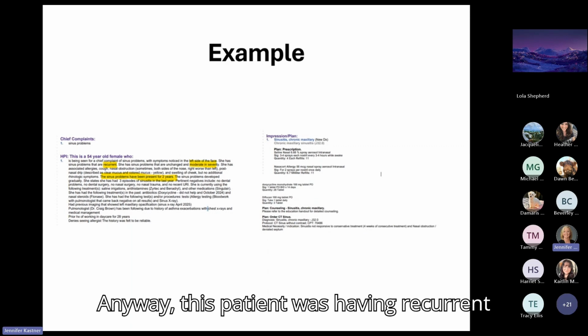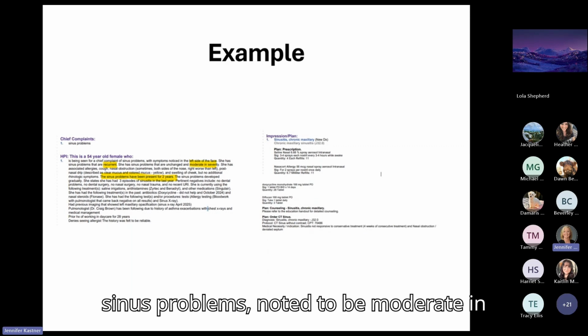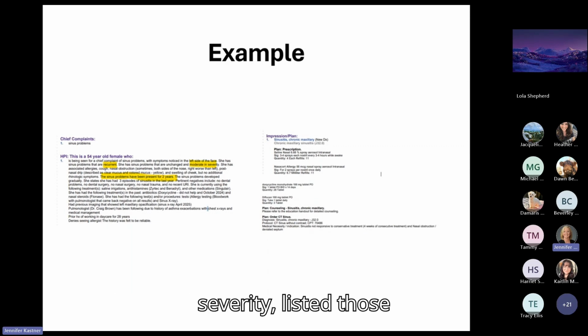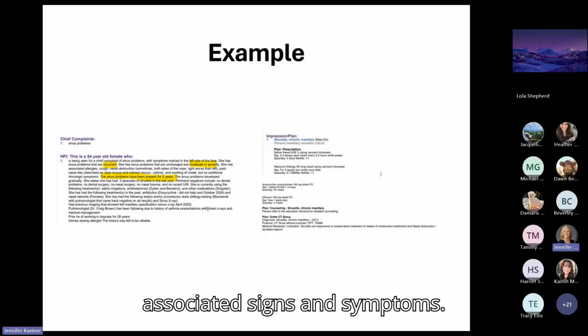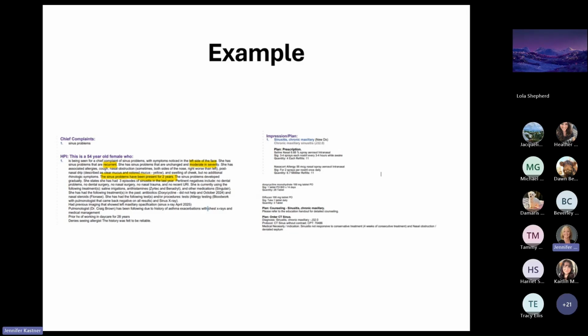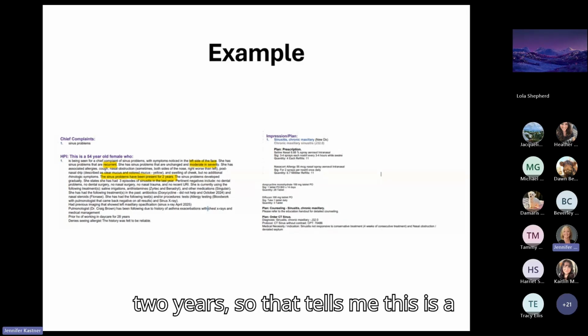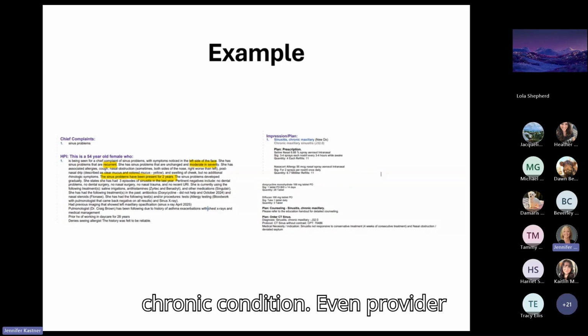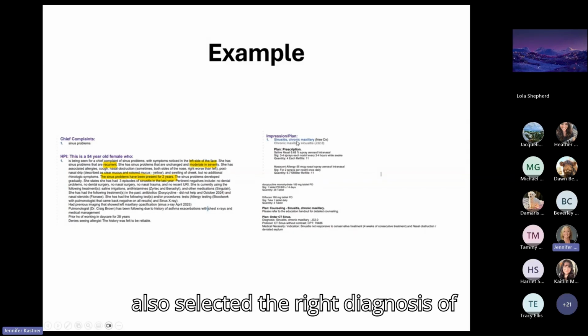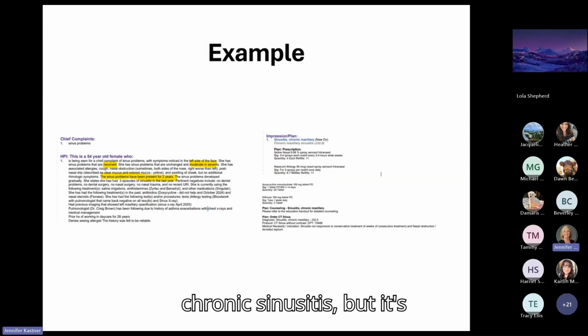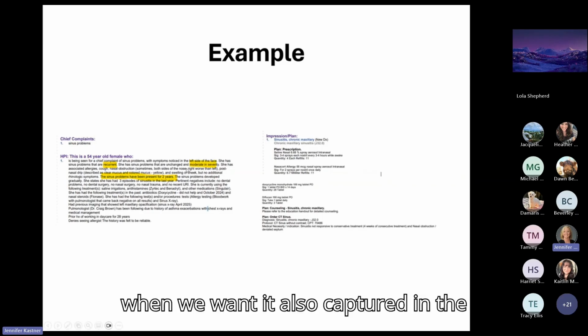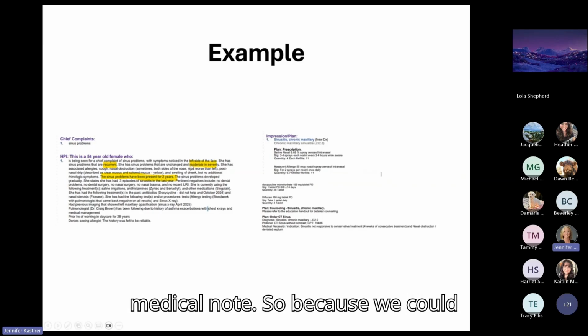Anyway, this patient was having recurrent sinus problems, noted to be moderate in severity, and listed those associated signs and symptoms. The sinus problem has been present for 2 years, so that tells me this is a chronic condition. The provider also selected the right diagnosis of chronic sinusitis, but we want it also captured in the medical note.